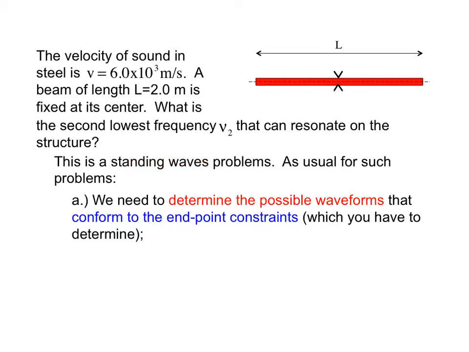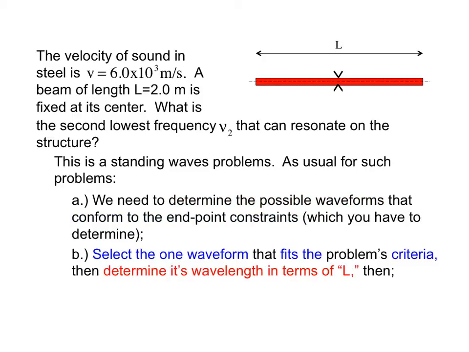As is the case with all standing wave problems, the first thing we need to do is determine the possible waveforms that conform to the endpoint constraints of the system. We need to talk a little bit about what that means here, and we will do that shortly.